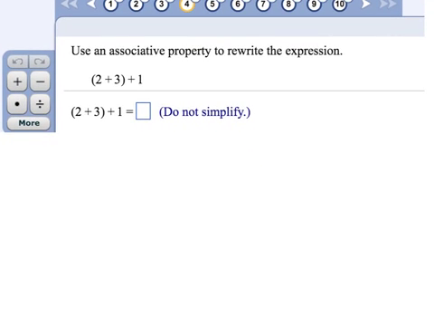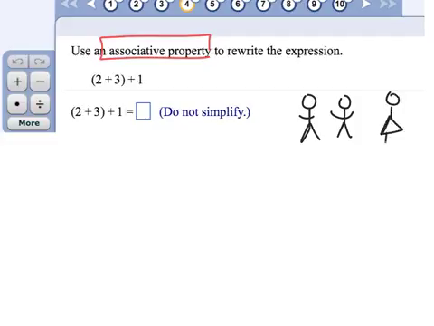Finally, we have something new. We have the associative property. Now, the associative property tells you how people are grouped. So I want you to imagine you got 3 kids, you got 2 boys and a girl. All right. Now, the associative property means, well, if it's like an elementary school, you have the boys hanging out and excluding the girl.